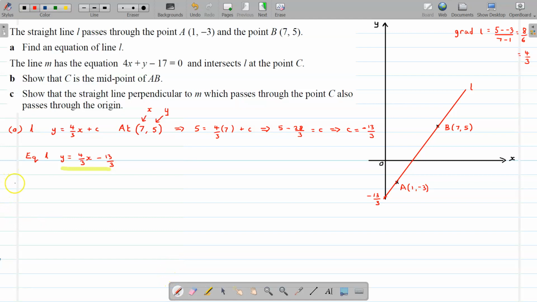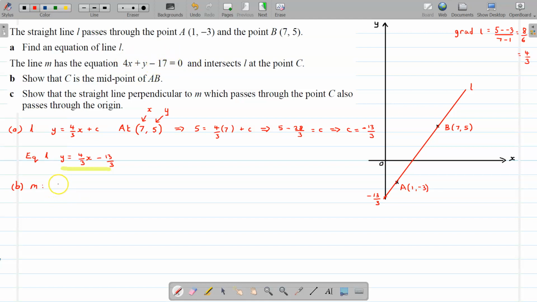Now in question B, it's asking us about a different line. It's called the line M, and it has this equation. Now I'm just going to rearrange it so M could be written in a slightly different form, and that's to subtract the y from both sides, subtract the 4x from both sides and add the 17.